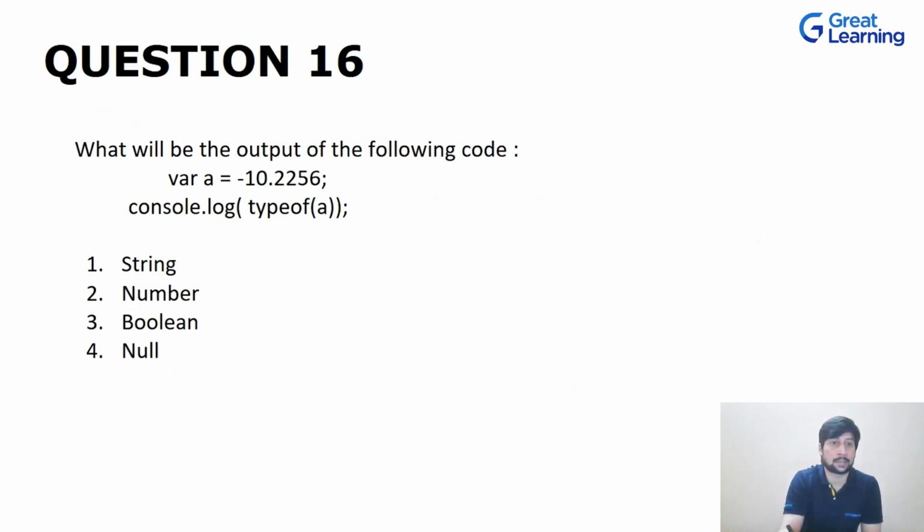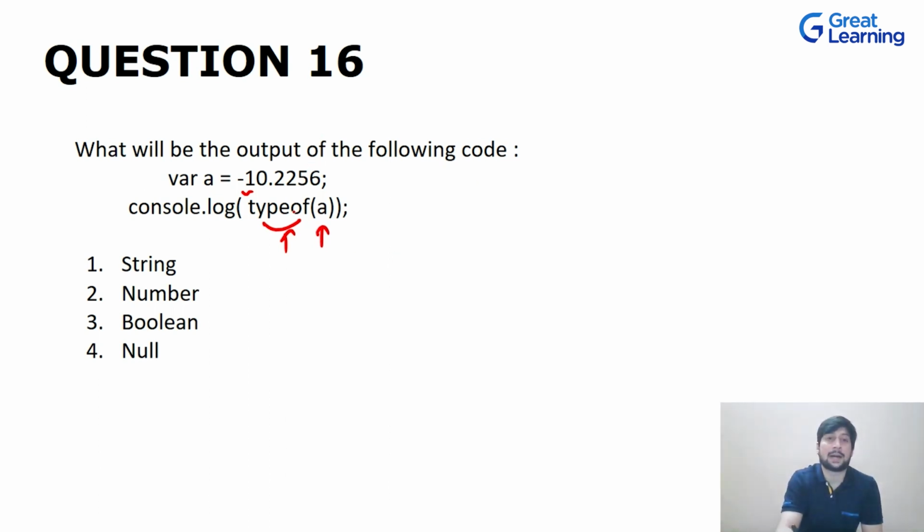Now let's move on to our next question, which is what will be the output of this following code? You have var a, and this is a negative number, that is -10.2256. And you're trying to print the type of, which is an operator to find the type of this variable. And you have passed in a, this variable.